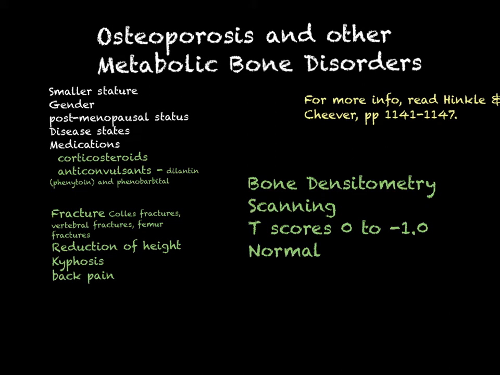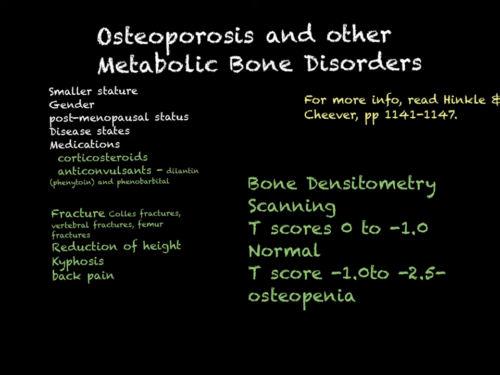Okay, if you have a T-score that is negative 1.0 to negative 2.5, that's osteopenia. This person is probably not likely to have a fracture without significant trauma.